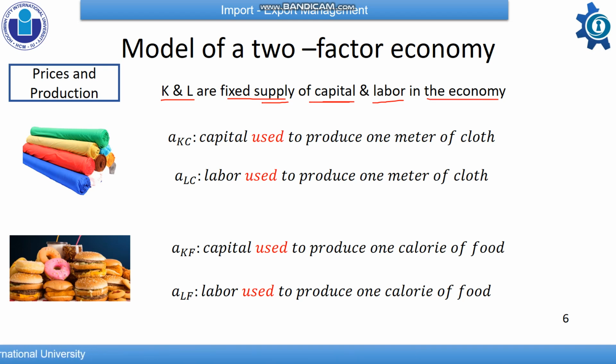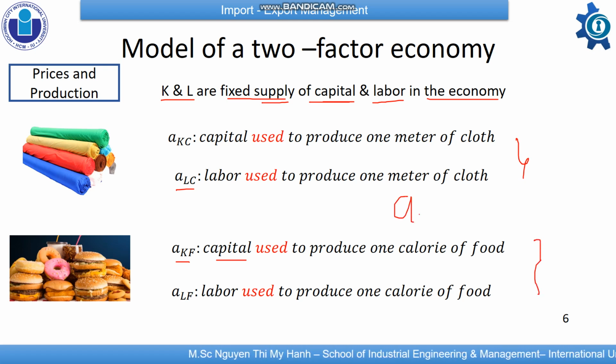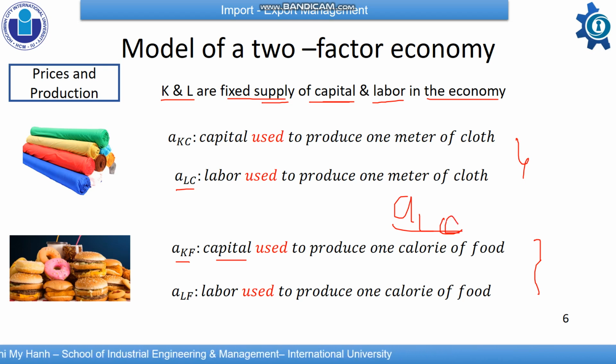And AKC is the capital used to produce 1 meter of cloth. ALC is the labor used to produce 1 meter of cloth. AKF is the capital used to produce 1 calorie of food, and ALF is the labor used to produce 1 calorie of food. What is different from the ALC we have in the Ricardian model?